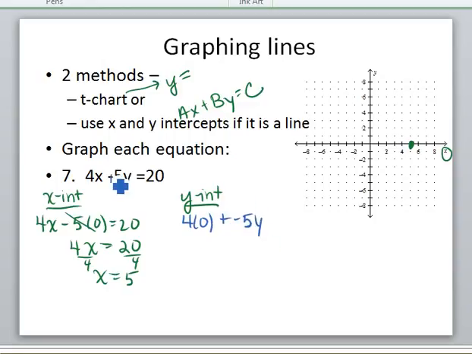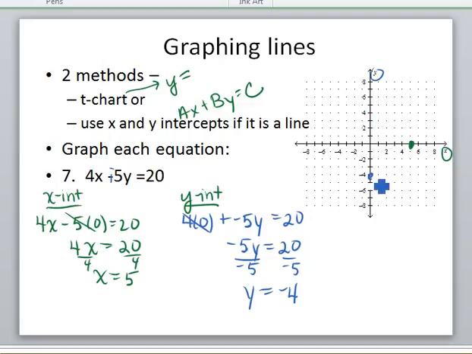I did go ahead and change the sign to plus the opposite right there. This gives me 0, so I have negative 5y equals 20. Divide by negative 5 on both sides, and I get y is negative 4. On the y-axis, I plug negative 4 there, and then I would connect my dots.